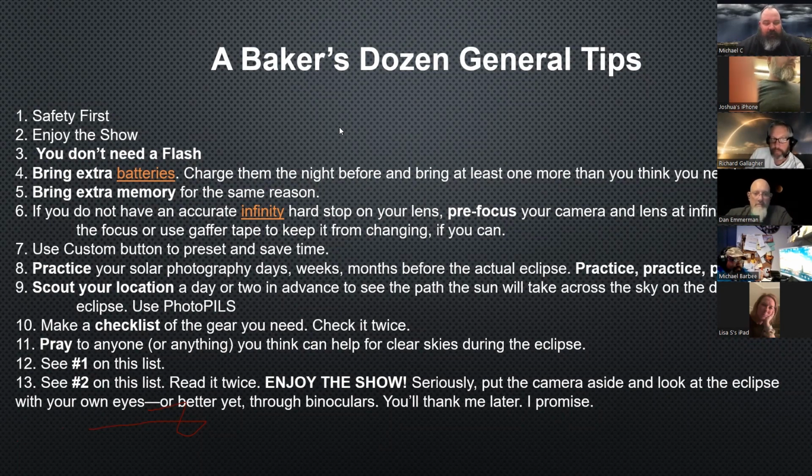If you can, scout your location ahead of time. I'm getting there Saturday and staying through Monday for the eclipse, so that I know where I am and what I'm going to be doing and where I'm setting up and that sort of thing.